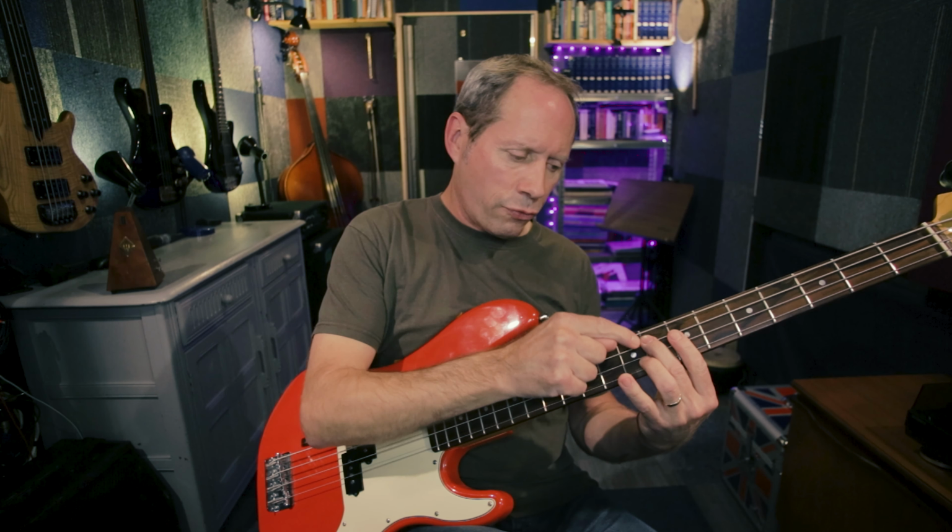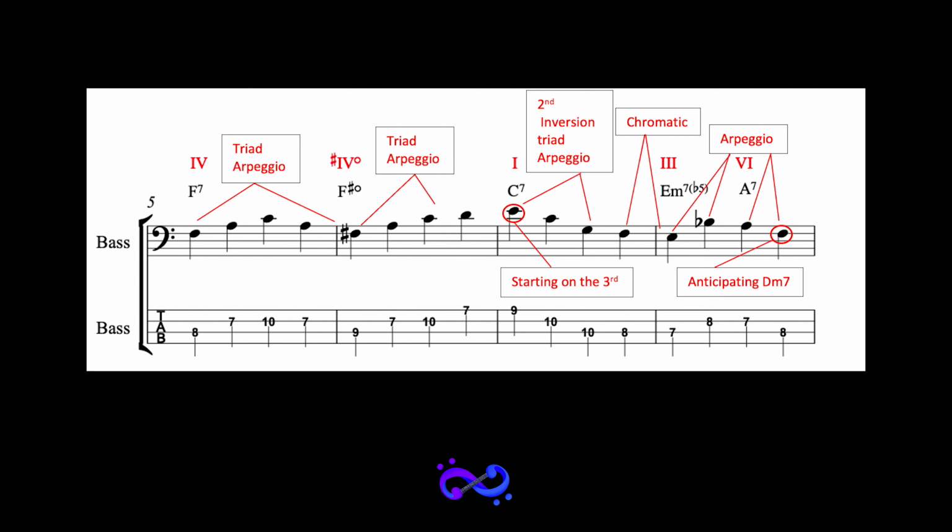And that's the fourth, and then takes us into chord 3, E minor 7 flat 5. So I'll highlight the fact that there's that flat 5 in there. To A7, which is now chord 6.